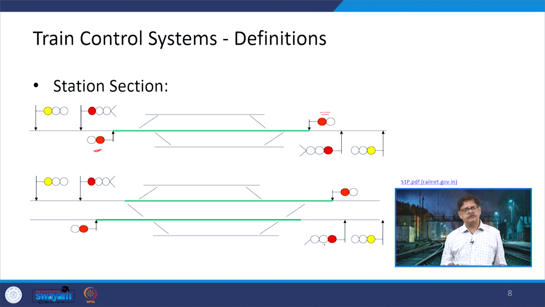In the case of a double line, it is facing points and the advanced starter, or a facing point condition and the advanced starter. So, the limits are changing a bit in the case of the double line system. You can see in one case it is starting from here, but on the other line it is not ending here, there is a distance, and that is a gap which is coming on the other side too.